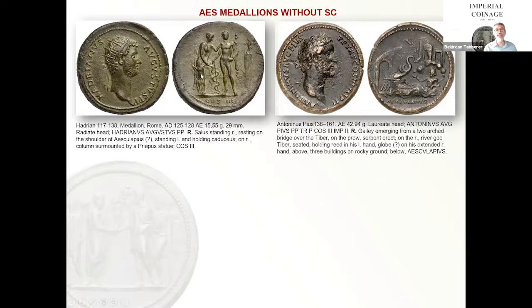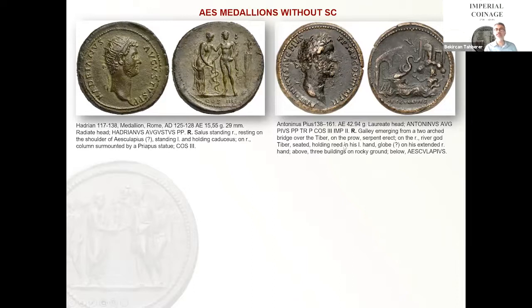Yet Hygieia, most likely the daughter of Asclepius, is there helping him. And there is a column here surmounted by Priapus. So the emperor is bringing happiness, health to the empire. The message is very, very clear.